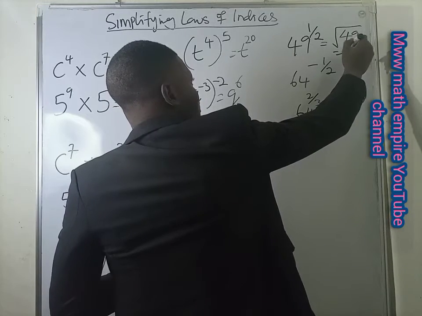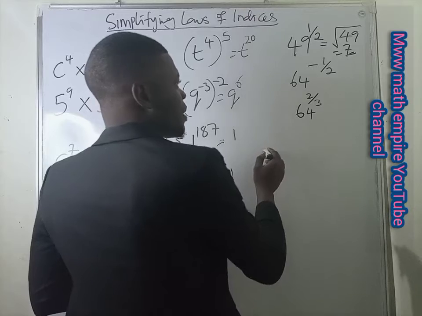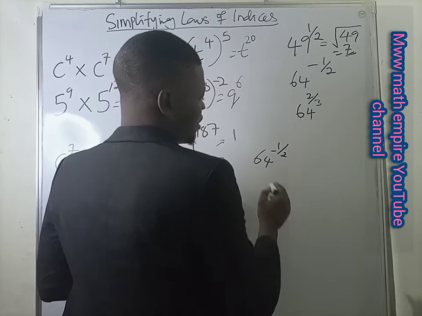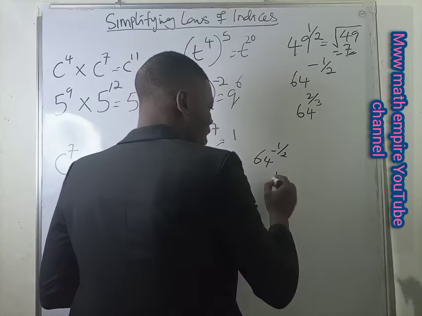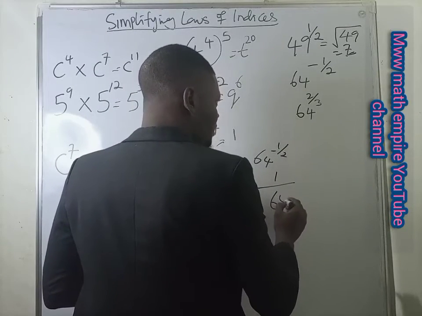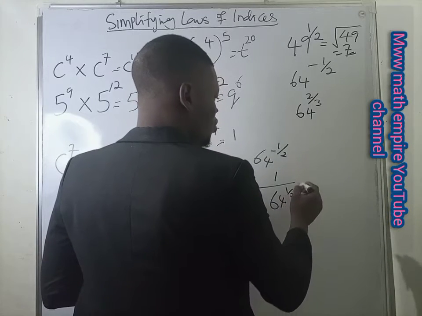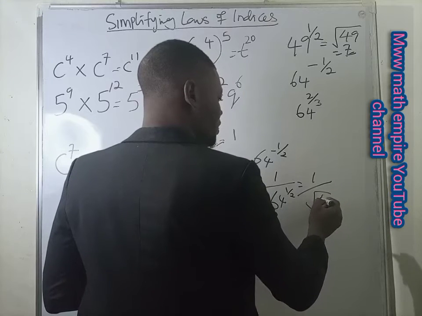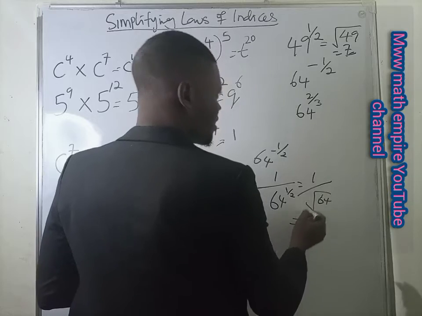Hence, it becomes 7. Coming over to this side, 64 raised to the power of minus 1 over 2. Because of this inverse here, it is now going to be 1 all over 64 raised to the power of 1 over 2, which is the same thing as 1 all over square root of 64, which will be giving us 8 as the answer.